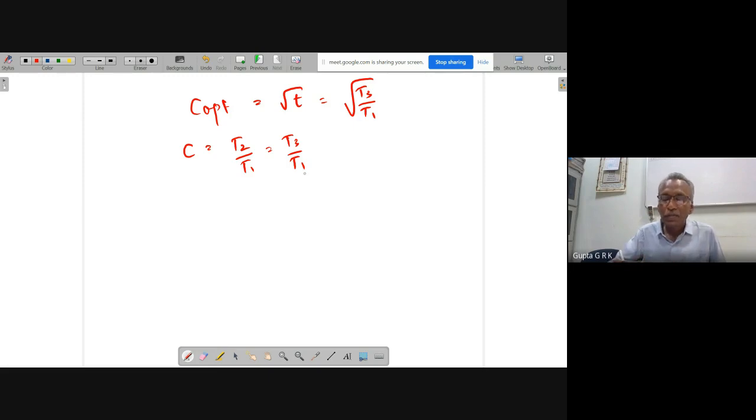Because C equals root T, C square equals T. So T2 by T1 is C, T3 by T4 is C. So this is C square, and C square is equal to T, which means T3 by T1.